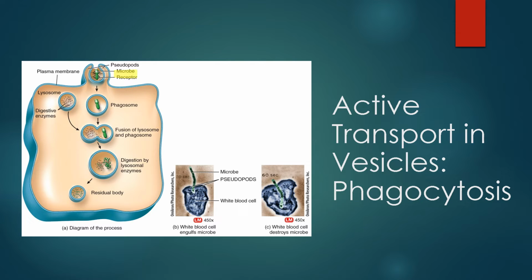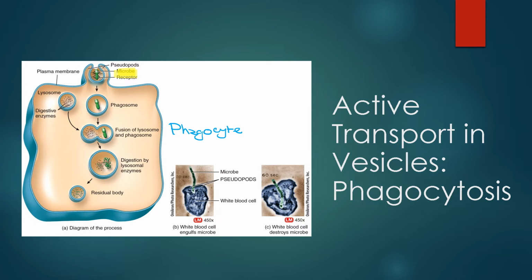Here we have a microbe that is being phagocytized. There are really only a few body cell types, specifically phagocytes, that are able to carry out phagocytosis. So this is most likely going to be a phagocyte. That's just the cell type.